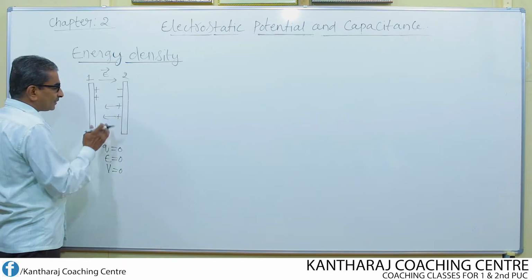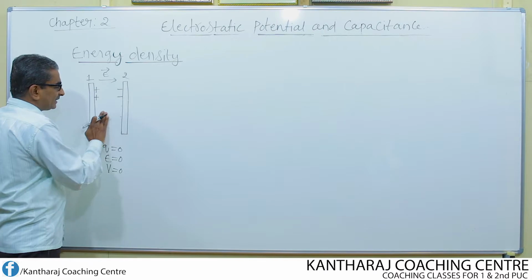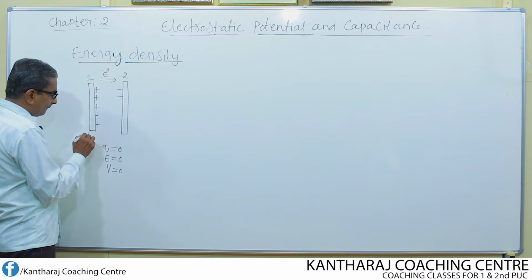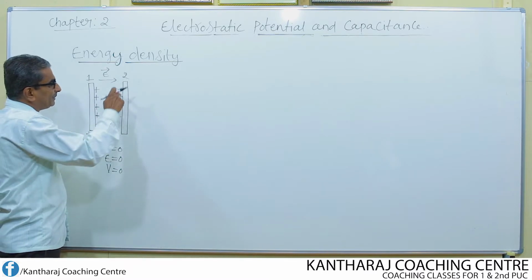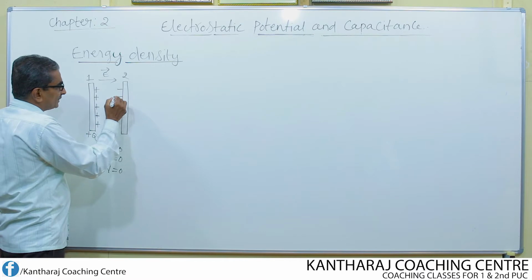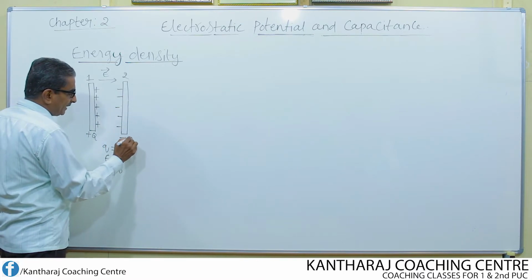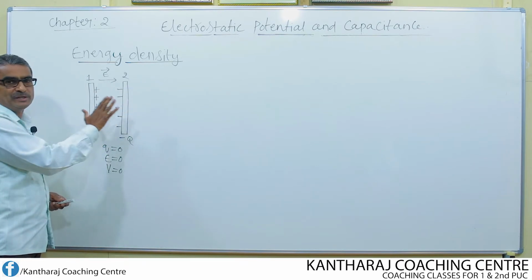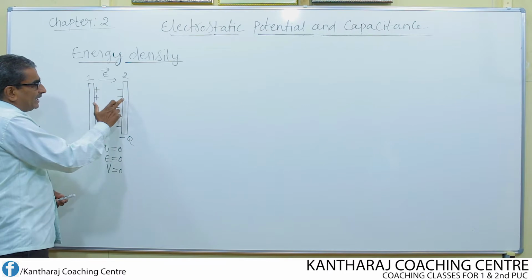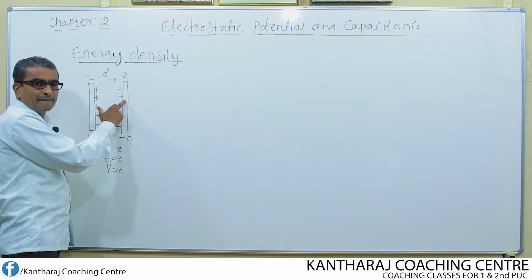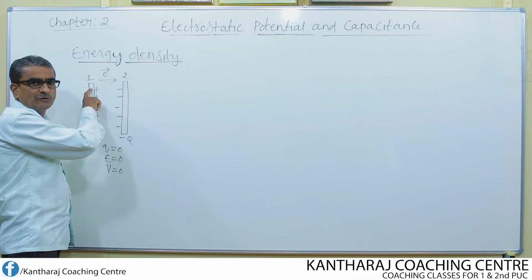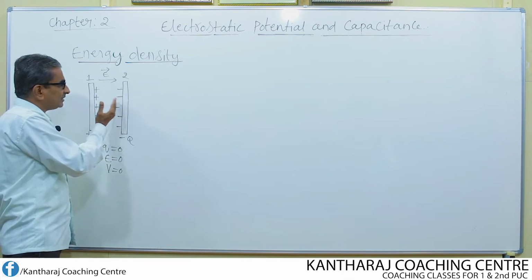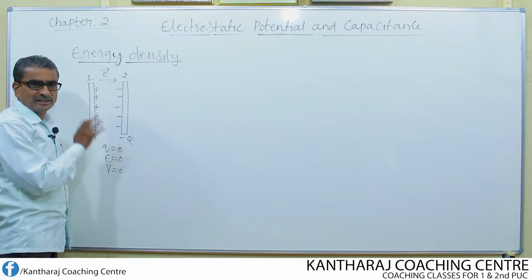After charging plate 1 to a value plus Q, the charge on plate 2 will be minus Q. Now the two plates are charged, one positively and another negatively but equally. If this is charged to 5 microcoulomb, this will be charged to minus 5 microcoulomb. So this is the process of charging a capacitor.